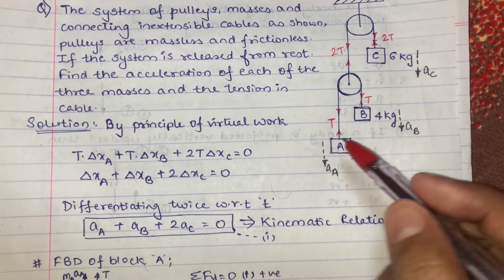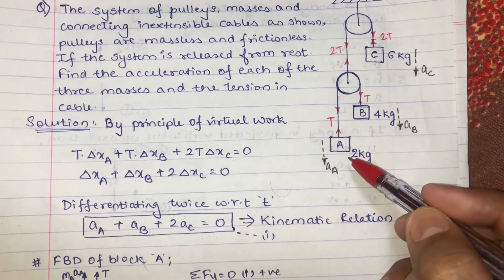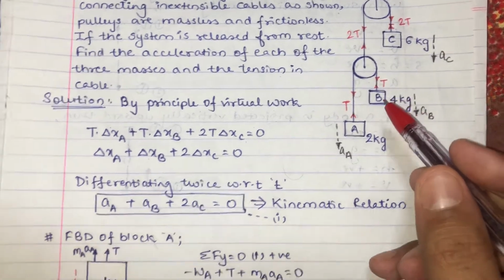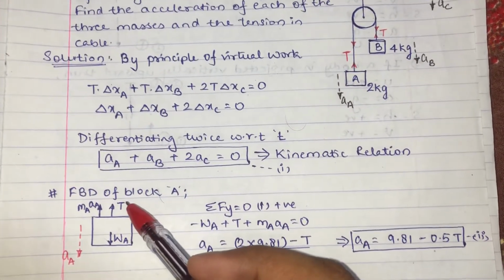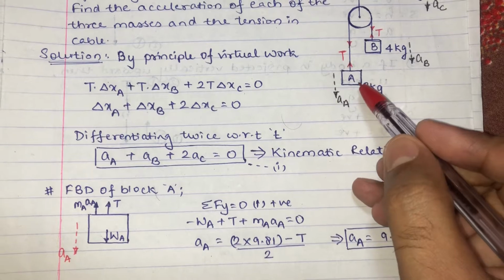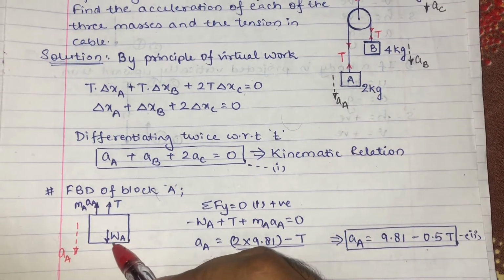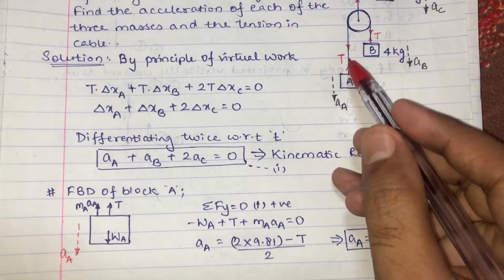Now I'll draw the FBD of each block. FBD of block A: the weight WA is acting downward, tension T is acting upward.